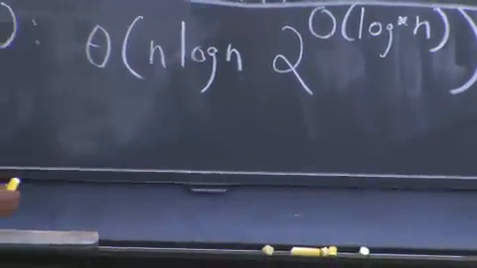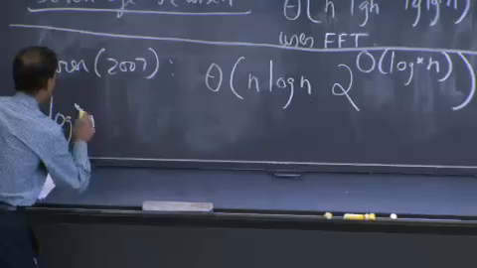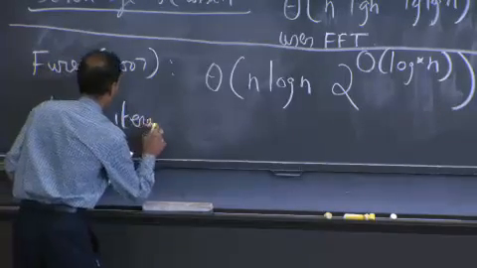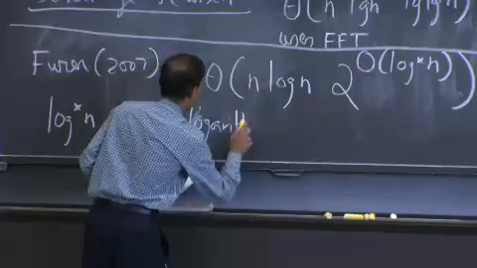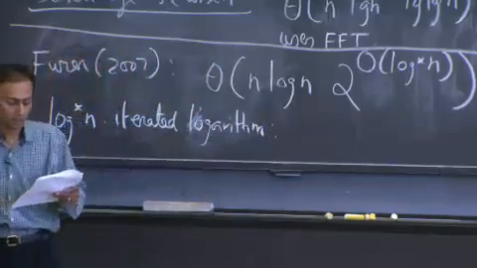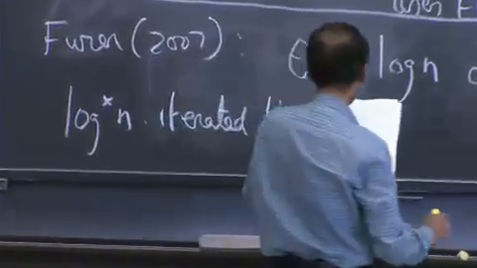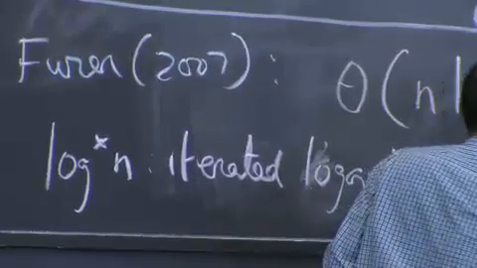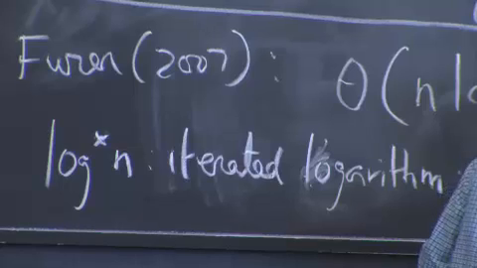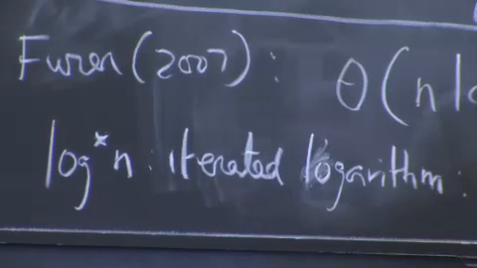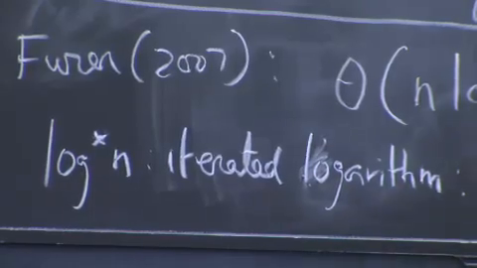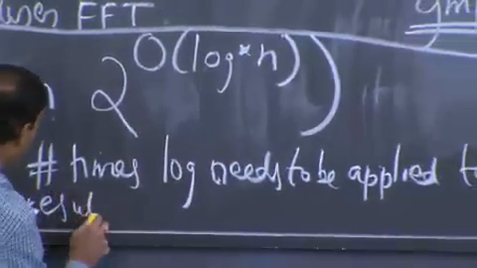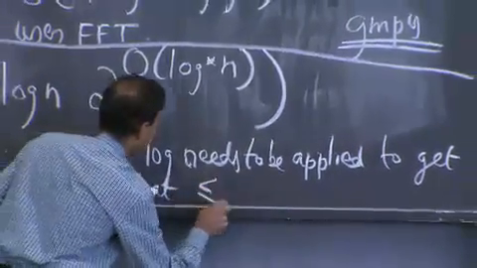And you need to define what log star n is. Log star n is what's called the iterated logarithm. It is the number of times log needs to be applied to get a result that is less than or equal to 1.